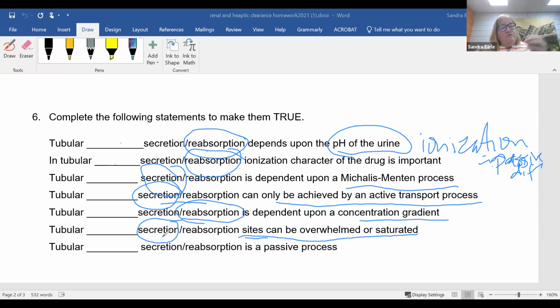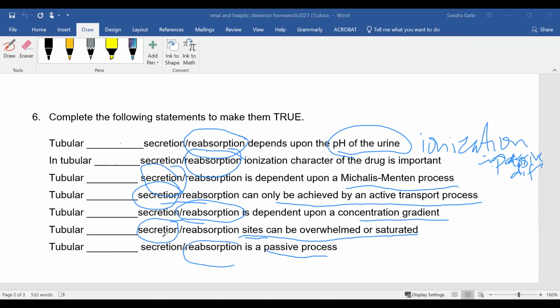And we actively reabsorb sodium, and sodium and lithium are treated the same by the kidney. So there's active reabsorption in some cases. I don't mean to confuse you, but I don't want to oversimplify and think that there is no such thing as active reabsorption, because there is. But most drugs are passively reabsorbed and actively secreted.